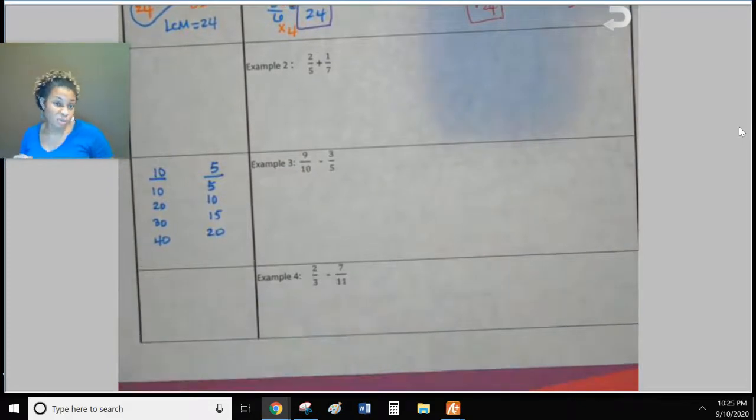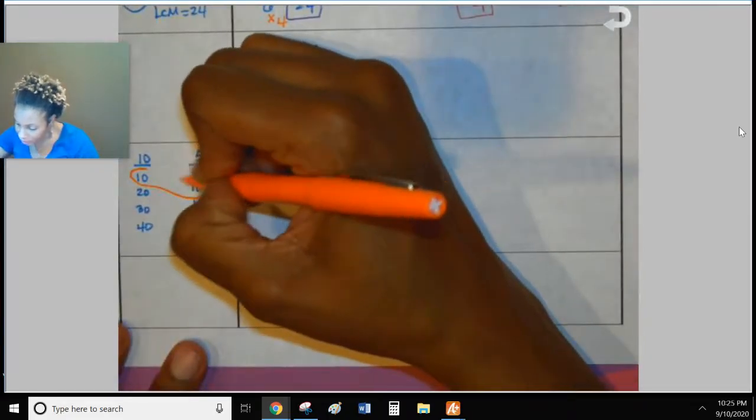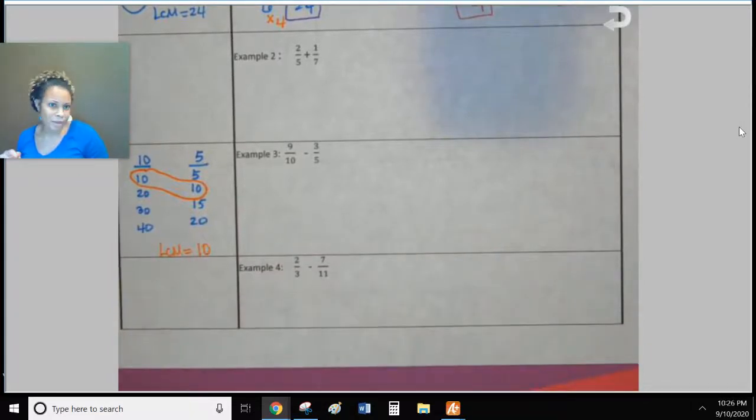So these are pretty simple. I'm stopping because I know I've already seen it, but I just wanted to list out some. The least common denominator, or the LCM, least common multiple, for 10 and 5 is 10. So I could have stopped at the second one. I just wanted to write a little more.